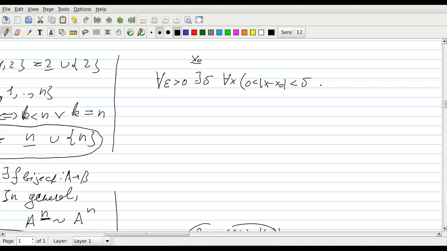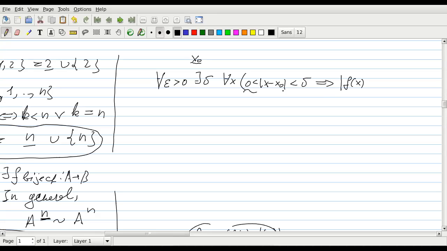Для непрерывности, наверное, это не нужно. Но мы можем так написать, это ничему не противоречит.